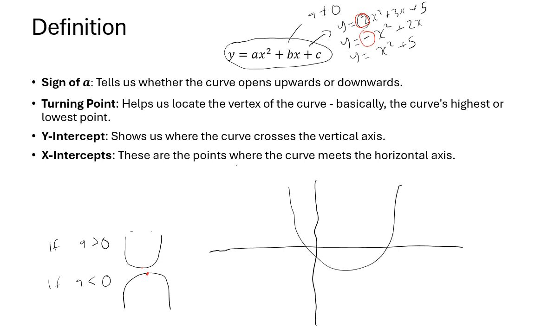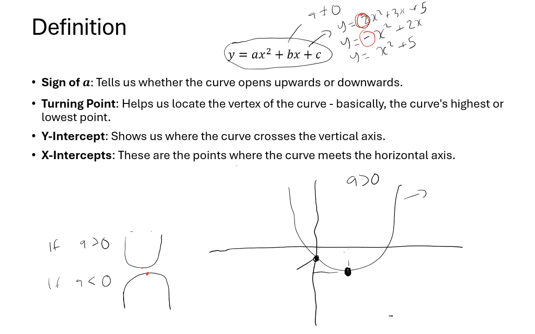This implies that a is greater than 0, because it's U-shape, and the turning point is here, where the symmetry turns. And the y-intercept is here, where this curve crosses the y-axis.